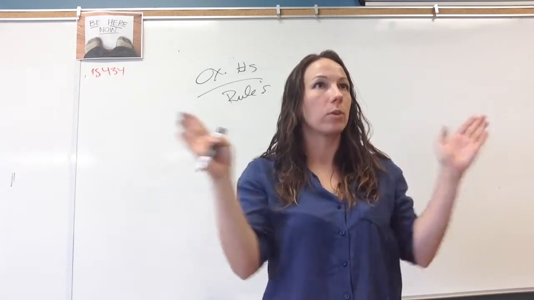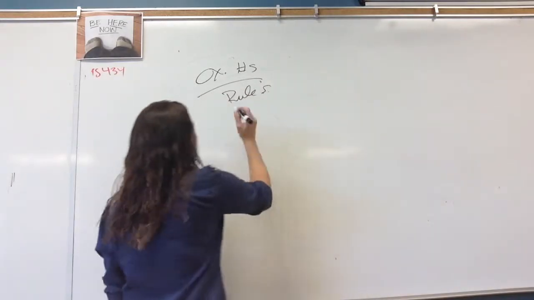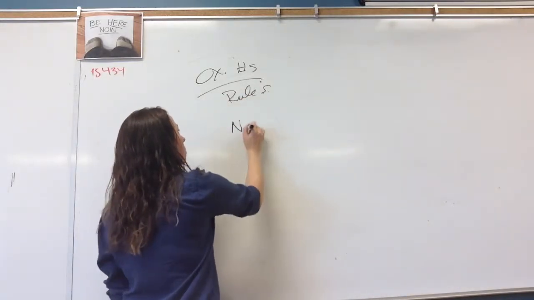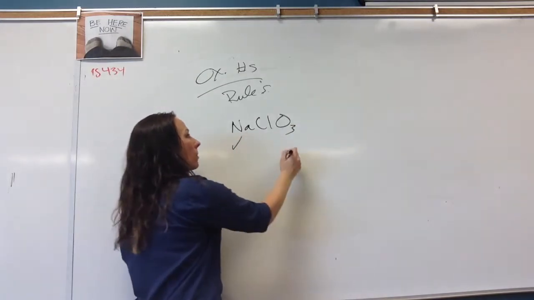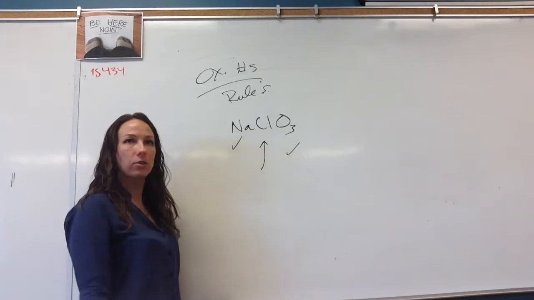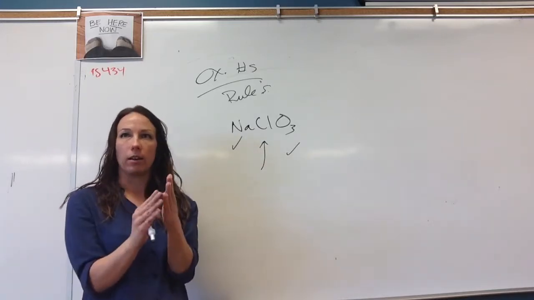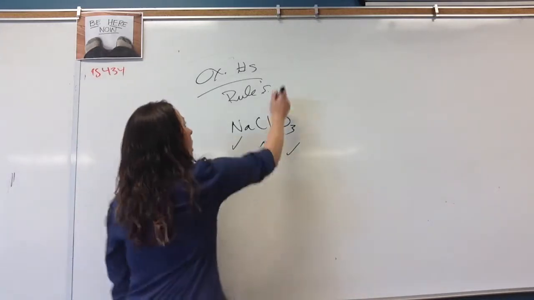For the complicated ones, we go from the outsides into the middle. So for something like sodium perchlorate, I would do sodium and oxygen first and then chlorine last. So it's a generalization to the rules.